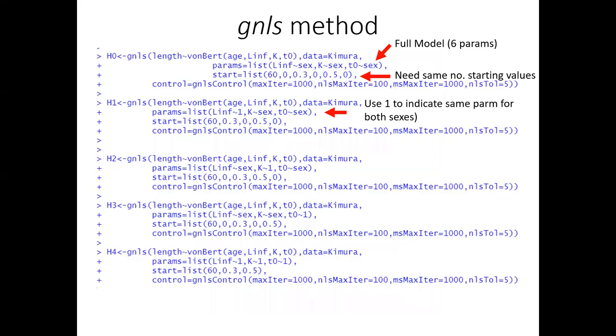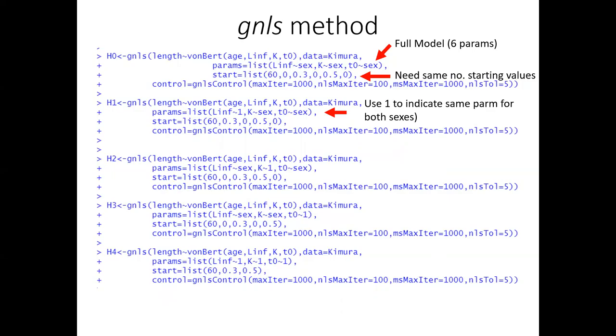And so the GNLS function, let's start with that. We did the NLS function pretty much by hand, but the GNLS function does this also. And again, you only have to provide the formula. And up here, we're using that von Bertalanffy derivation object.